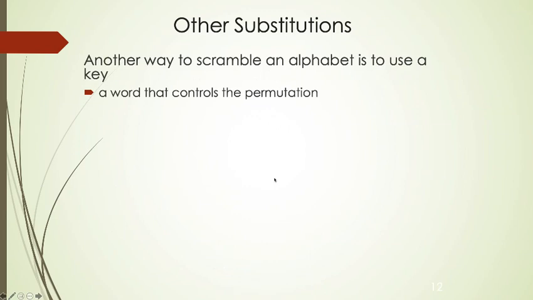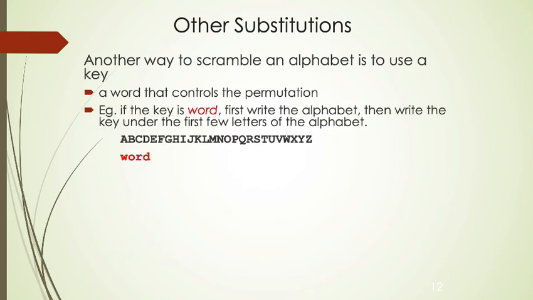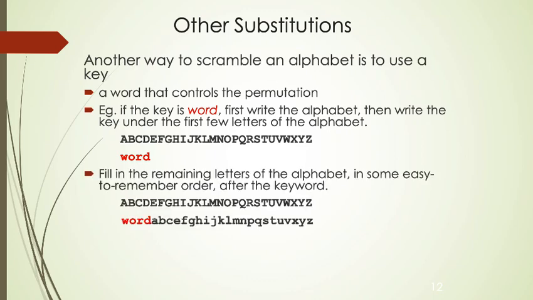Another way to substitute is to use a key, using a word that controls the permutation. So for example, we could use the key word such that W, O, R, and D substitute for the first letters of the alphabet, then we fill the remaining letters of the alphabet in the order that they came. So we see A, B, C, but D has already been used, so we skip to E, F, G, and so on and so forth.